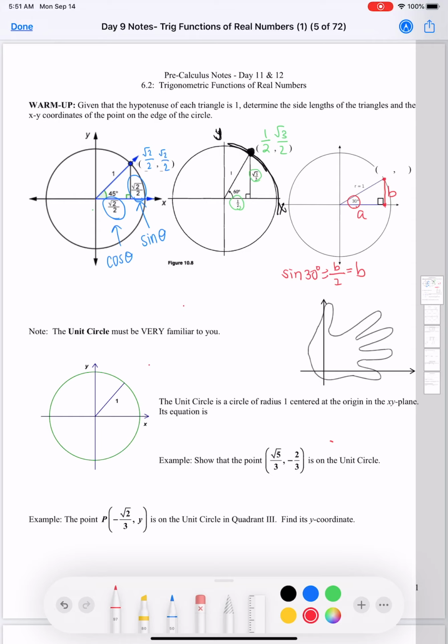All right, and we have talked about the unit circle before. You guys do have a fully filled out unit circle. So even though I am doing this by hand, how we talked about in class, once you have your unit circle memorized, this would be a value that you would know from memorizing the unit circle.